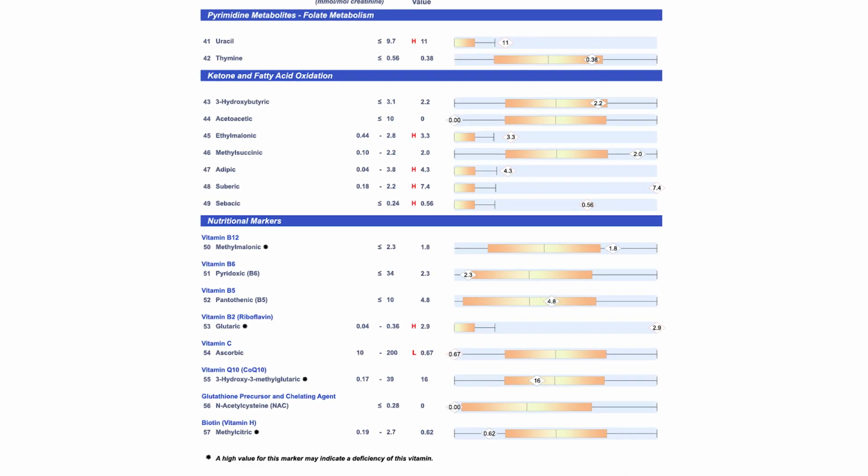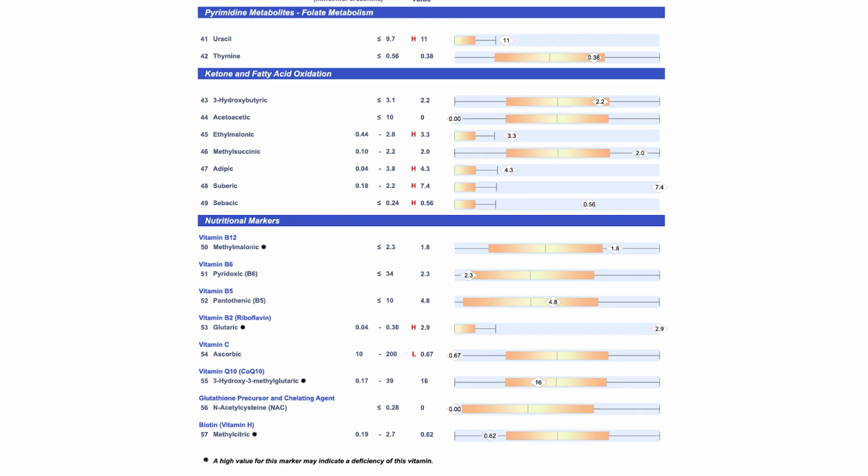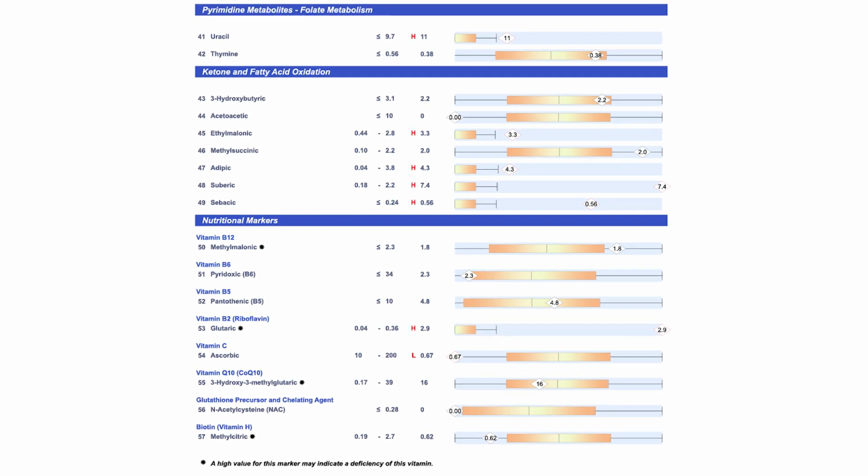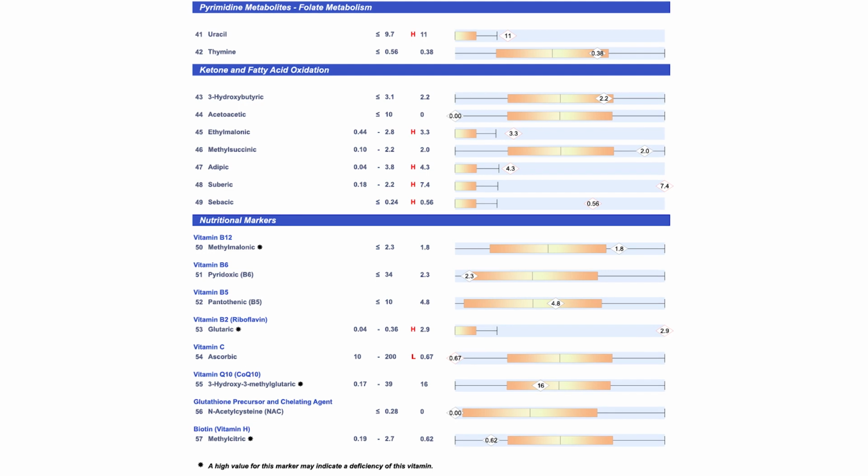And so these are the folate metabolism markers. Now, some of you may have heard of the gene called MTHFR, which stands for methyl tetrahydrofolate reductase. And some of you may have even had yourself tested to see if you may have a polymorphism, which is a genetic mutation on your MTHFR gene.